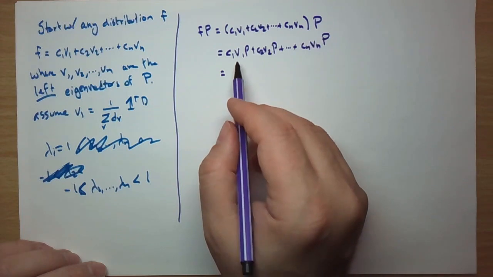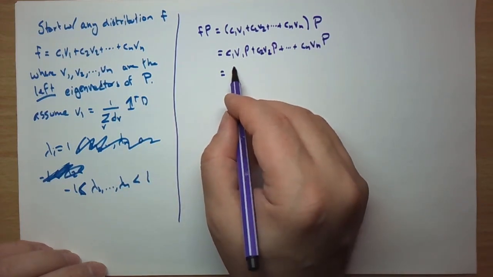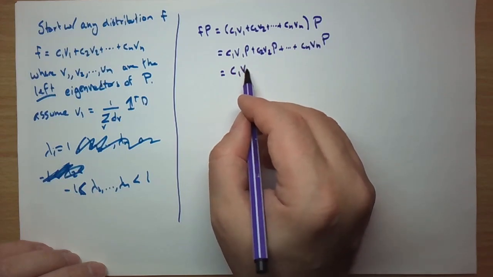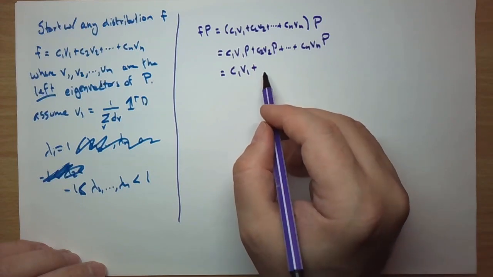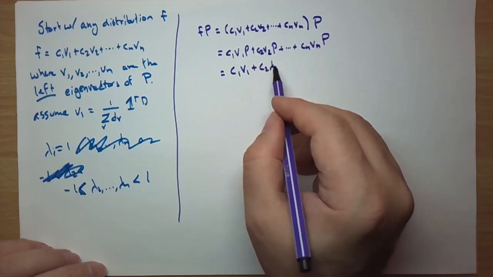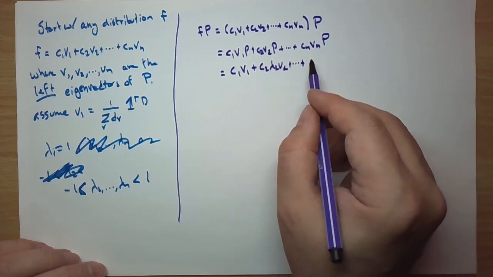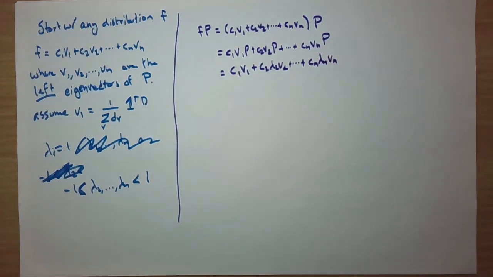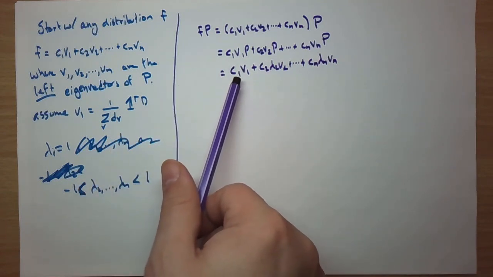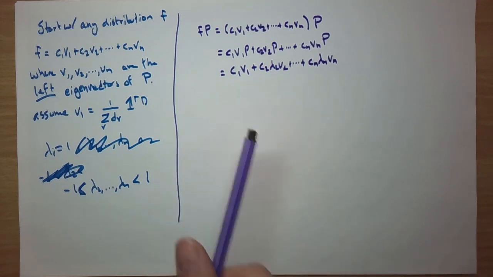And so we get, well, V1, that's our nice eigenvector for 1, so that's just C1 V1. What happens with the rest of these? C2 lambda 2, all the way up to Cn lambda n Vn. So in other words, when you multiply by P, you add the corresponding lambdas to each piece. And this one just happened to have lambda equals 1.